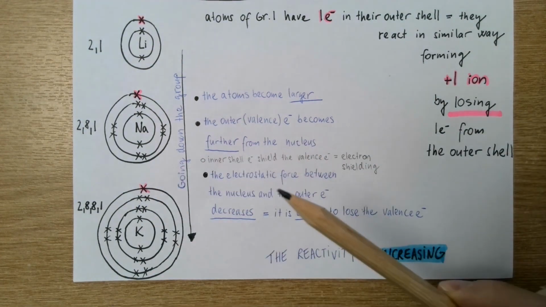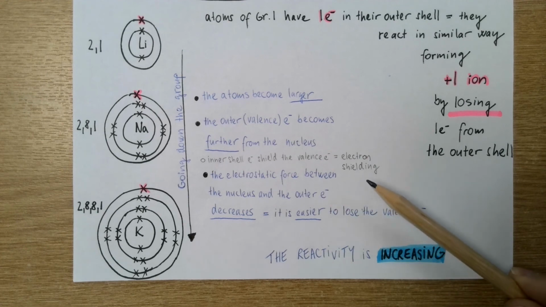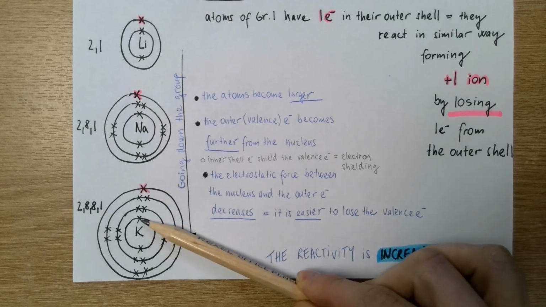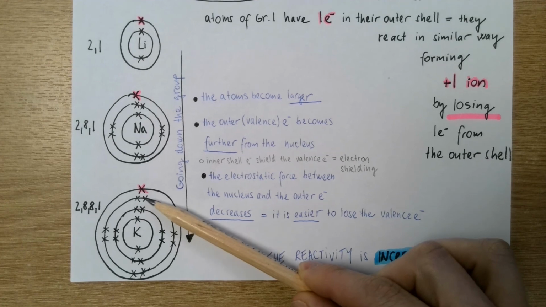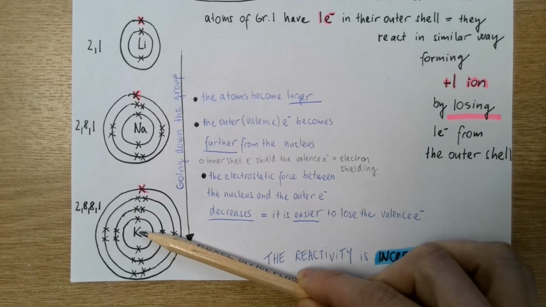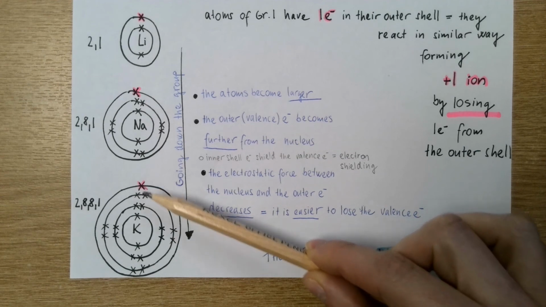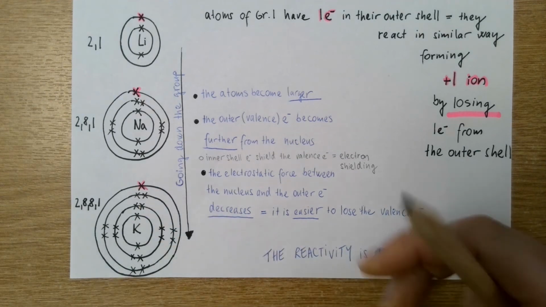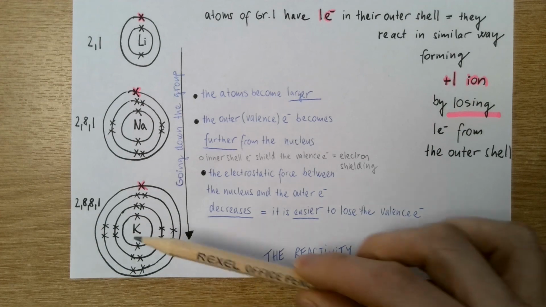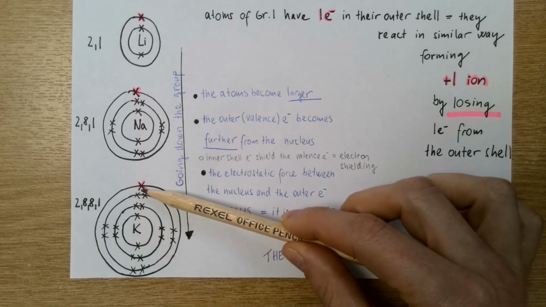And also there is a phenomenon called electron shielding, because those inner shell electrons are in the way between the positive nucleus and the outer shell electrons. So basically they are weakening this electrostatic force between the positive nucleus and outer shell electrons.